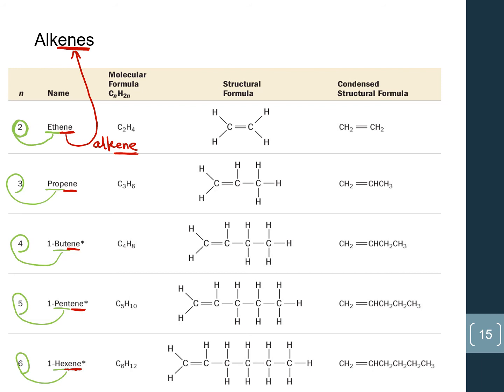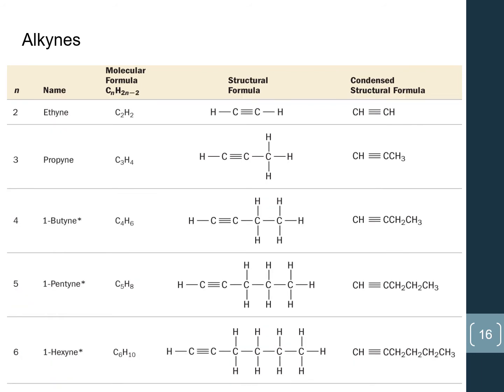So if the ending of the name is YNE, what you have is an alkyne. You see the name for all of them ends in YNE because they are alkynes with triple bonds.